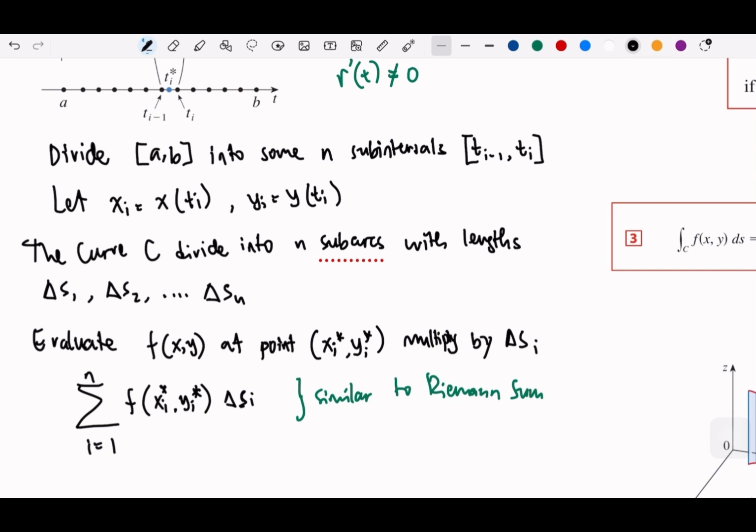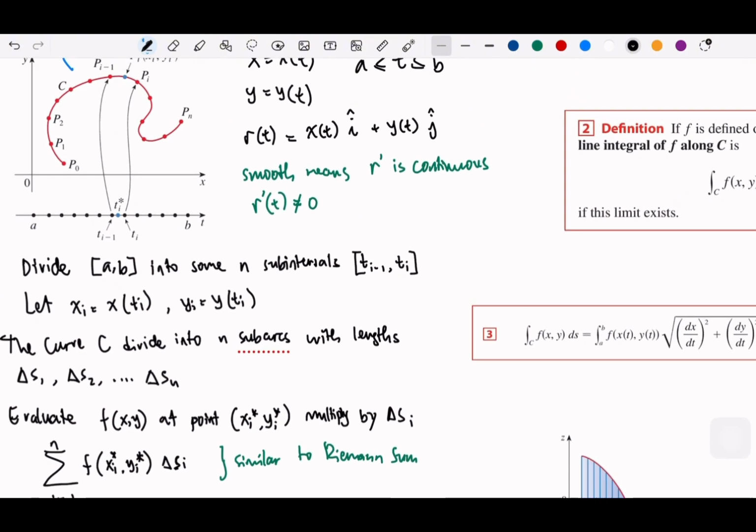So that we can take the limit as n gets larger and larger. So this will be the definition.